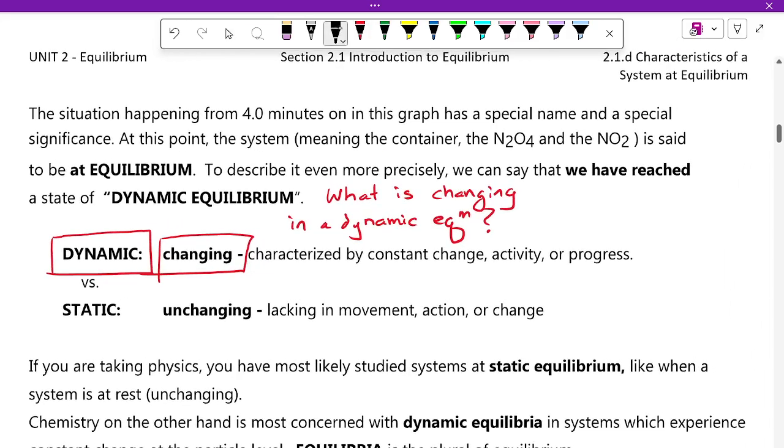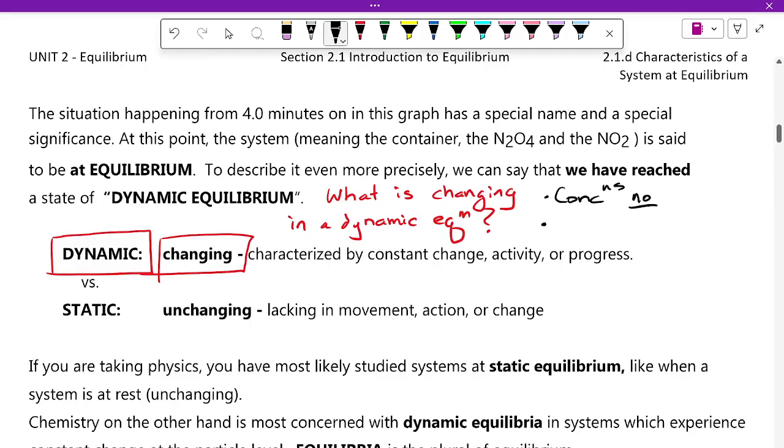Is it concentrations? Are concentrations changing in a dynamic equilibrium? No, because remember, concentrations don't change. You're forming product at the same rate as you are using it up, so you're not going to change concentrations. This is no.